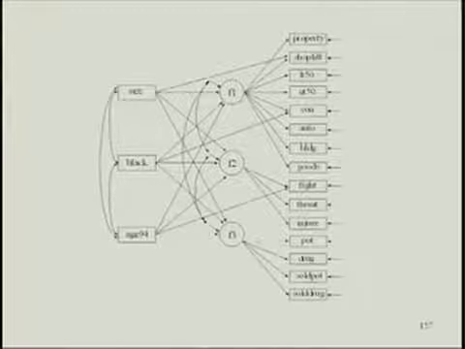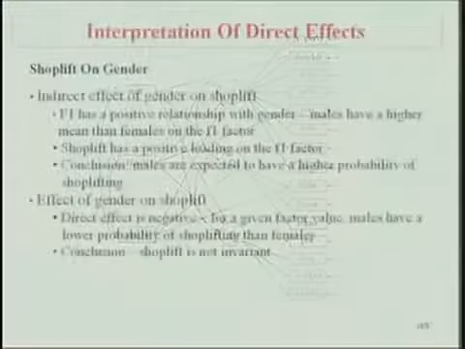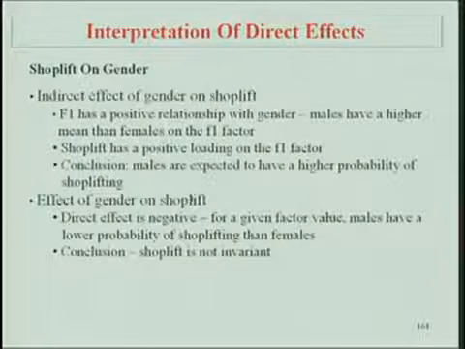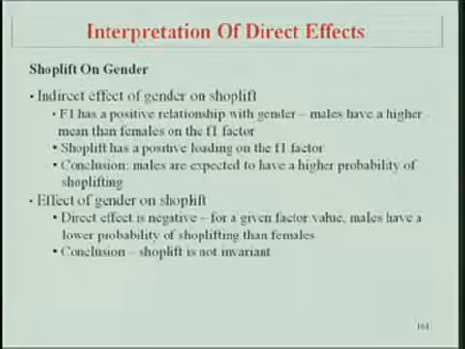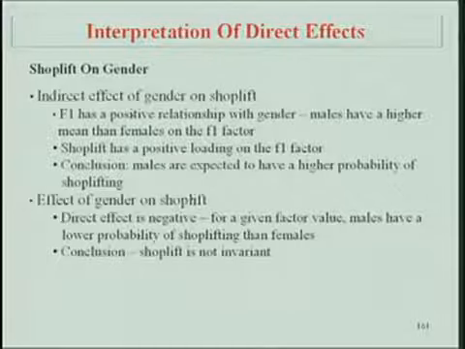And you can do the same reasoning for the other items. And I think that's what slide 161 says. You focus on the effect of gender on shoplift. The direct effect is negative for a given factor value. Given, that's the vertical bar. Conditional on the factor, males have a lower probability of shoplifting than females.